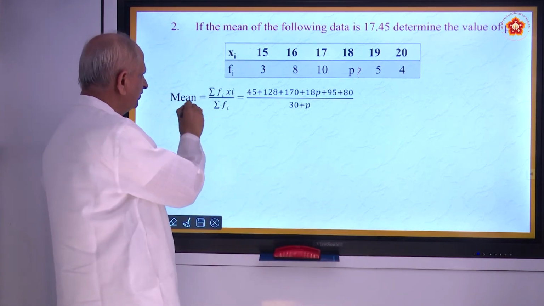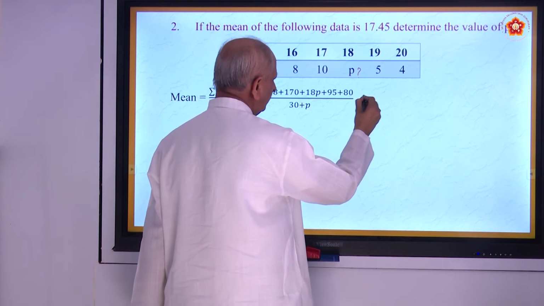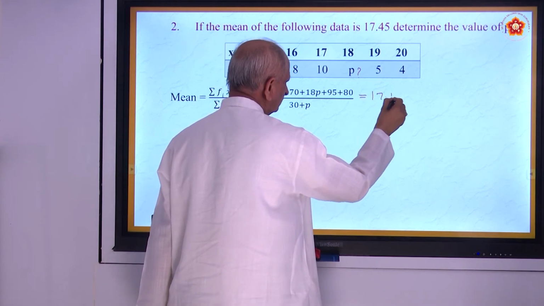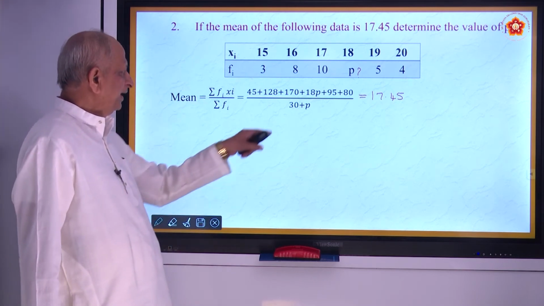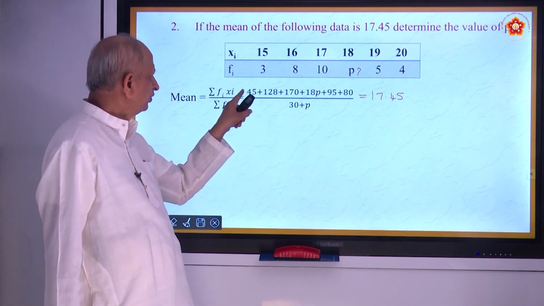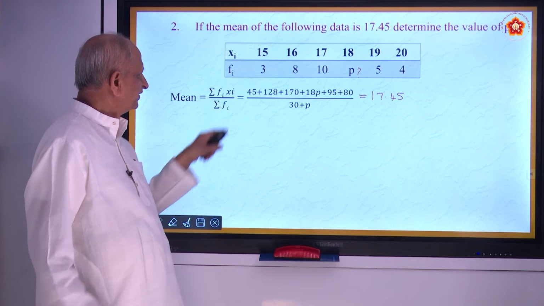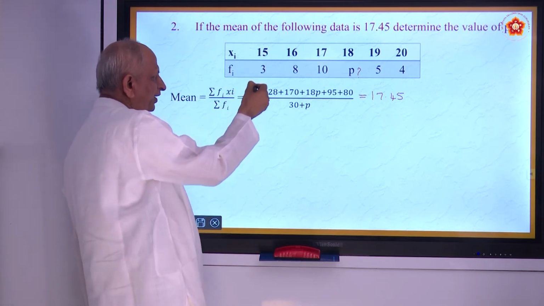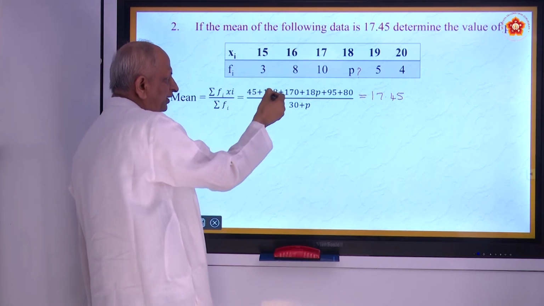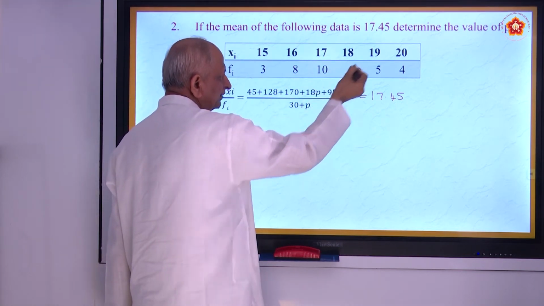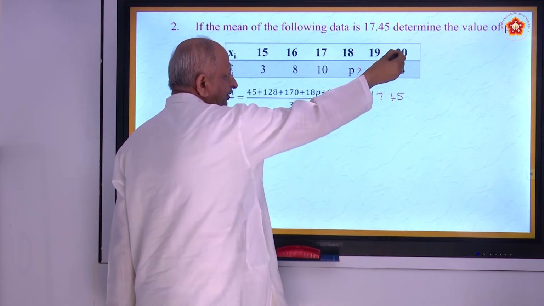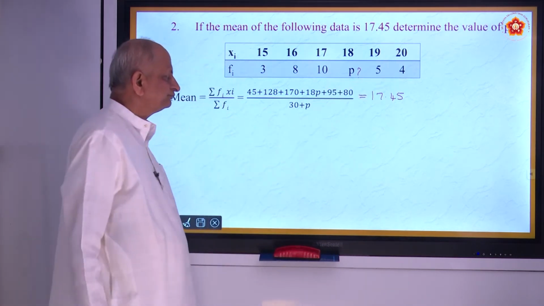That you have to find out. But the value of this mean is given to be 17.45. Now you have to find the value of P using this. So fi into xi means 15 into 3, 45, 16 into 8, 128, 17 into 10, 18 into P, 19 into 5, 20 into 4, 80.